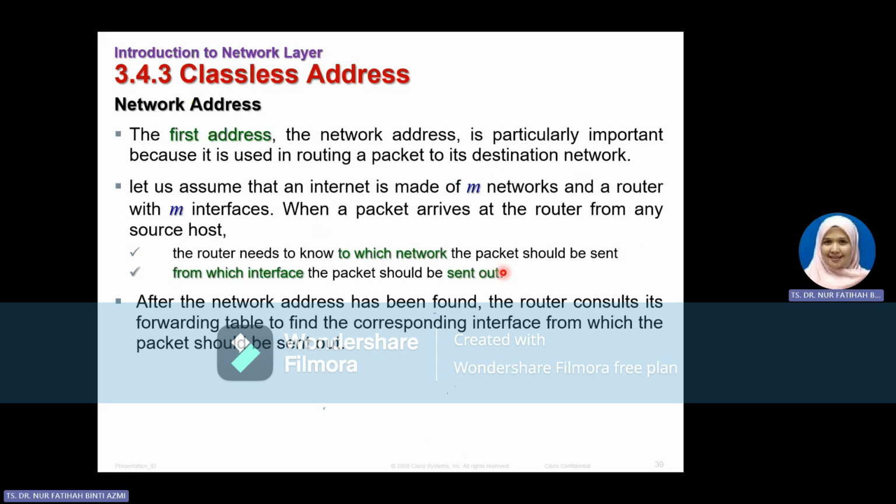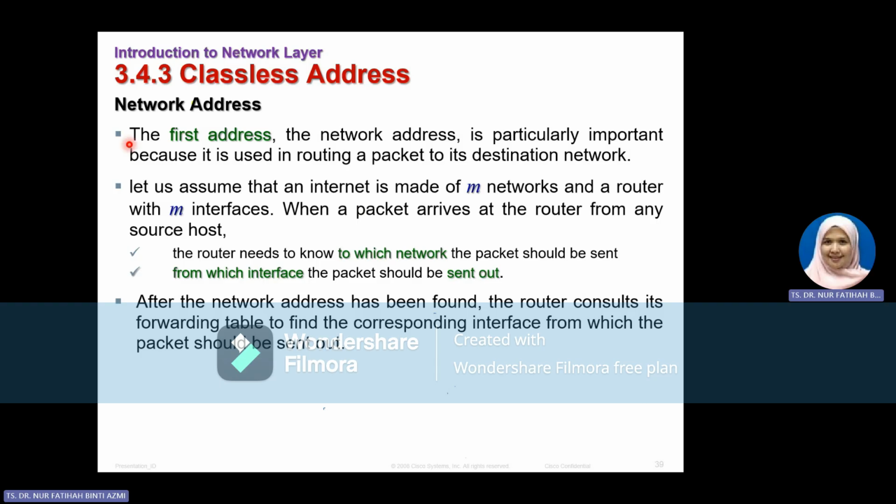Tadi kita dah tahu macam mana nak kira first address and last address. As I explained before, in classless addressing or CIDR, the network part of the IP address isn't fixed. The slash n number at the end of the IP address tells us how many bits are used to identify the network.